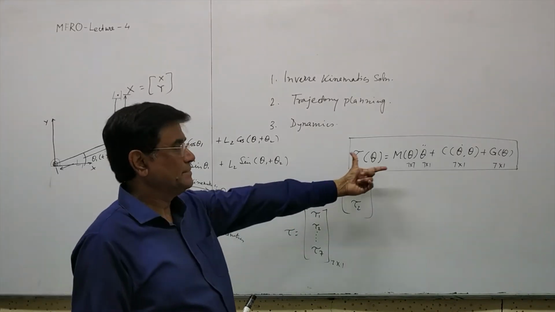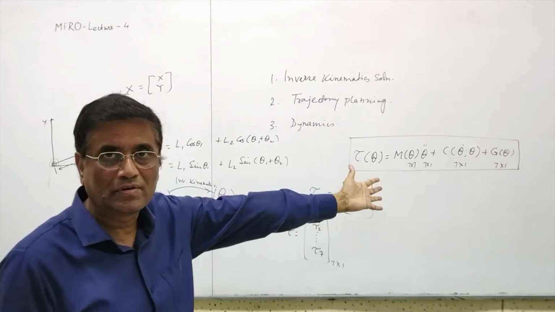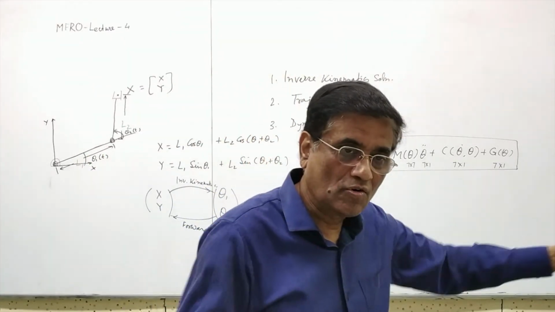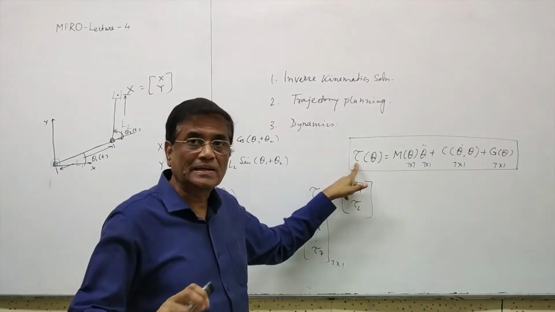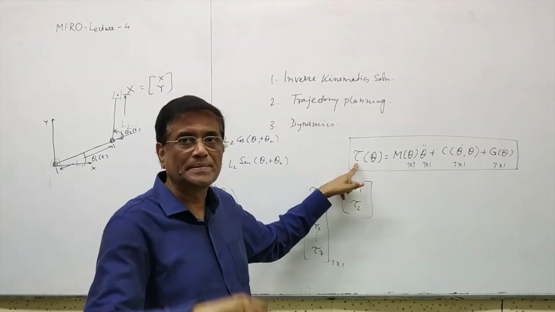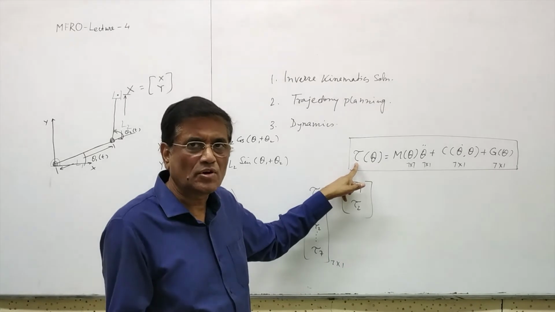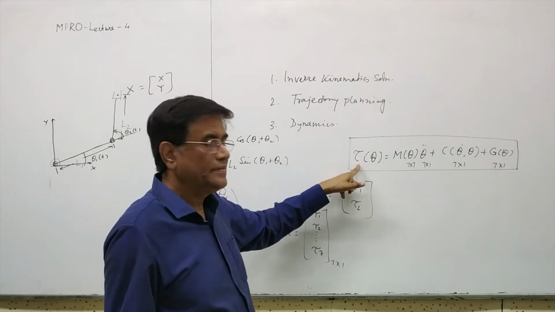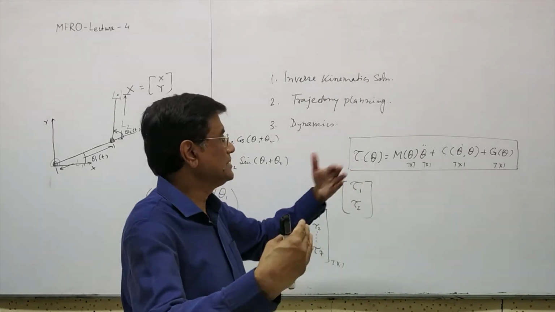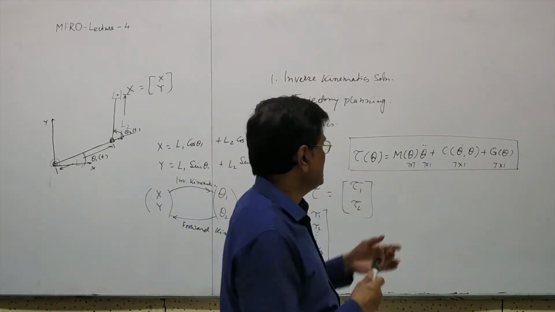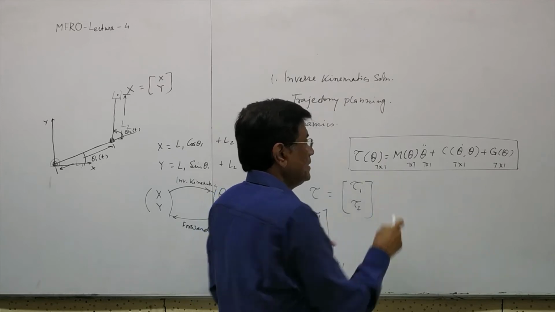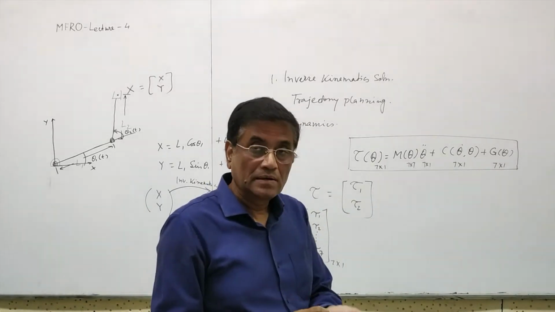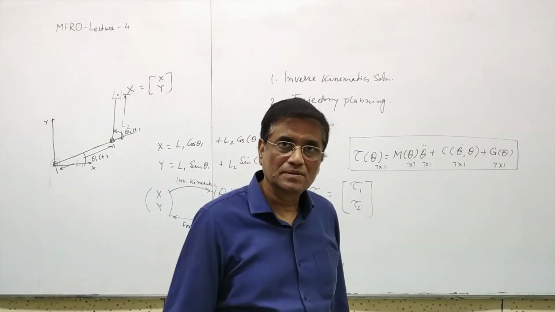So this is by Newton's law, that cause and effect are relative. If this is the cause, that means if you switch on the motor, it will produce some torque, and the manifestation of that torque will be some motion.